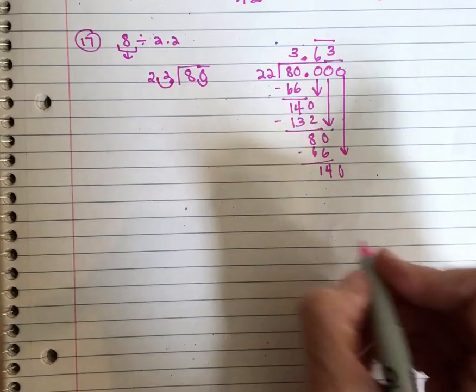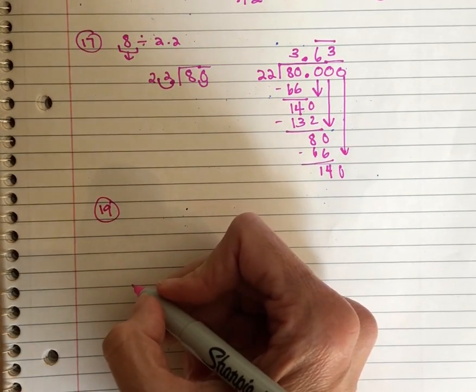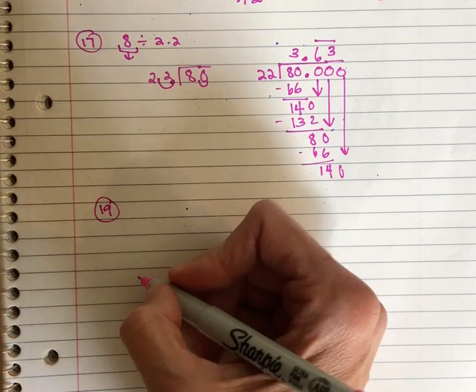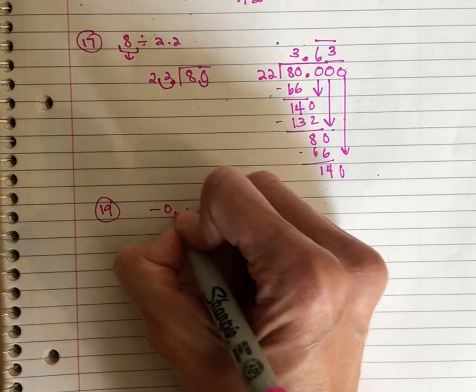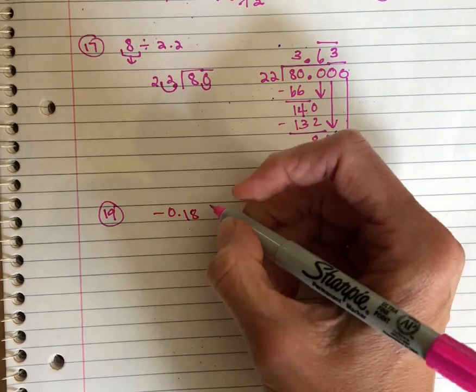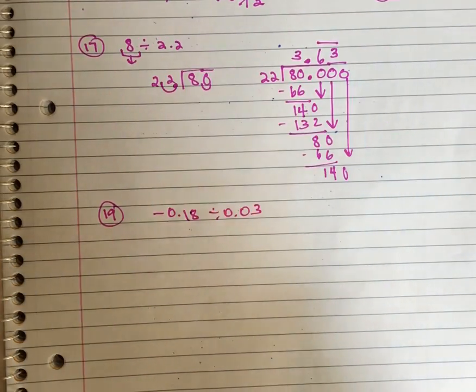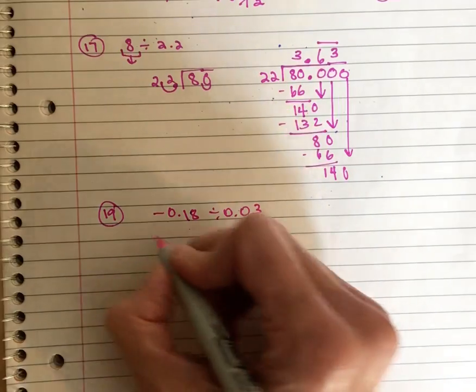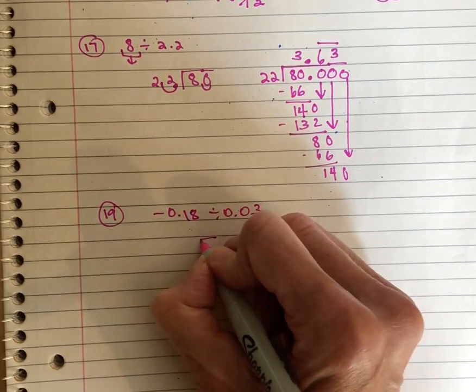Okay, let's try number 19. Number 19 looks like they gave us some easier numbers to work with. Let me copy the problem for us. Okay, again, the first number is our dividend, so that's going to go inside the division box.